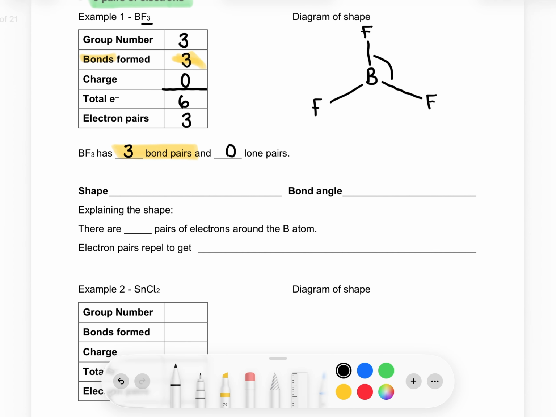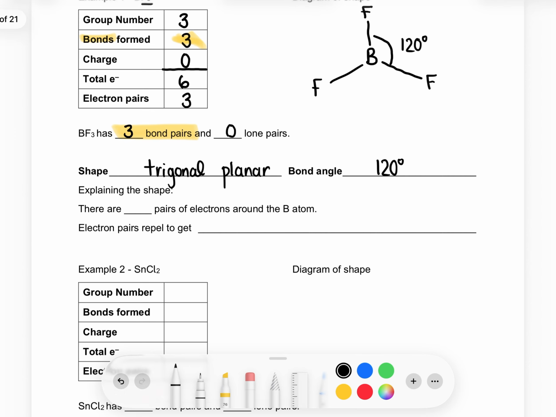And we can say that this angle, 360 round the whole, divided by 3 is 120. That shape is called trigonal because it's like a triangle, planar because it's flat in 2 dimensions on this page, with a 120 degree bond angle.